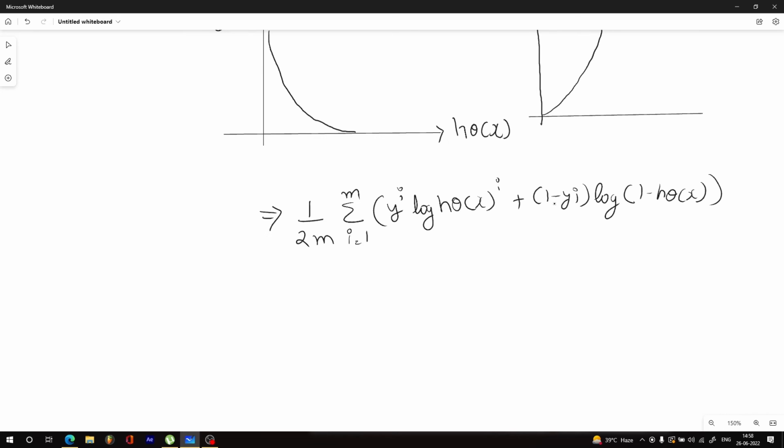So that is how we are going to represent it.